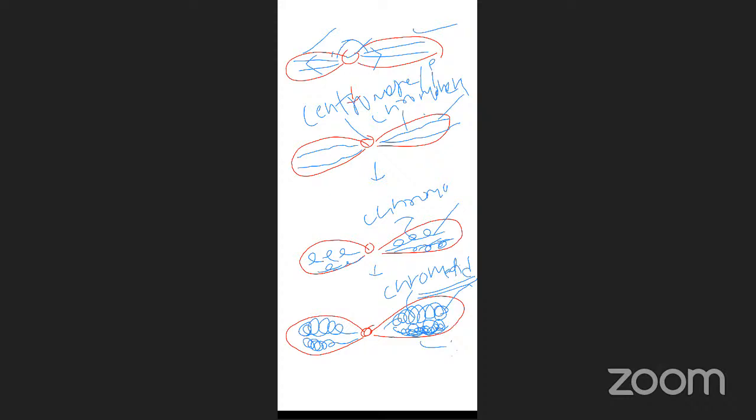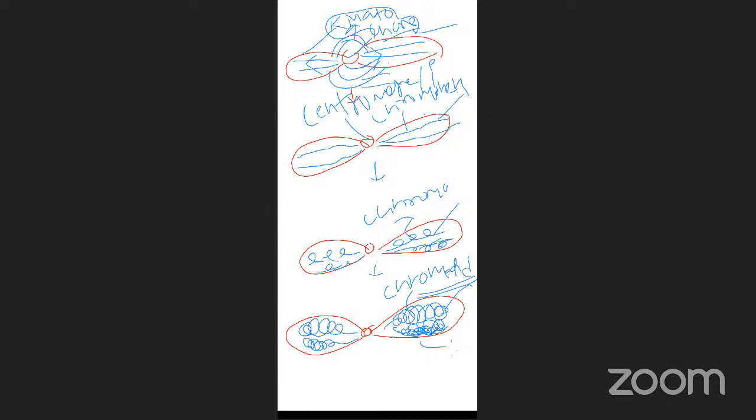So the centromere consists of specialized DNA covered with special protein, called the kinetochore disc. The kinetochore appears as a trilaminar structure: one lamella, two lamella, three lamella.